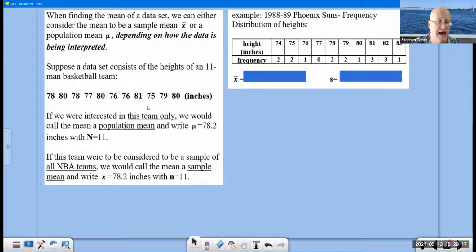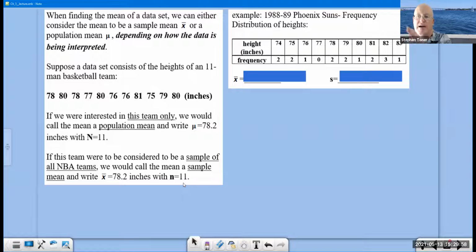So if I have this data set with 11 numbers in it, and I am trying to find the mean, if we're interested in this team only, they would be our population, and we would use the mu notation of that value 78.2, and we'd say our population size is 11 because they are our population. If this team were a sample of all the NBA teams, then it would be a sample mean, and we use the x bar notation with a lowercase n for n equals 11.